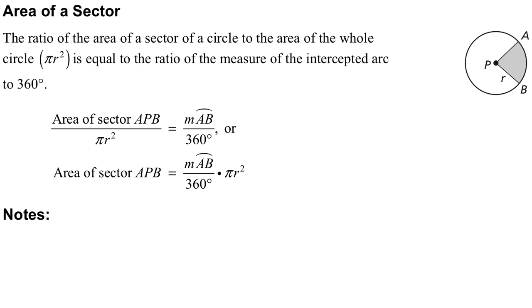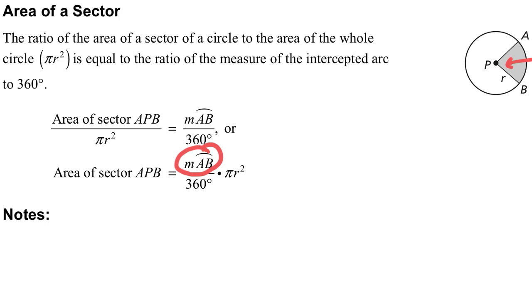Well, if that angle is 1/4 of the whole circle, that sector's area should be 1/4 of the entire circle, which is represented as pi r squared. So this is what we're going to have. And with, again, that measure right here is this angle right there.